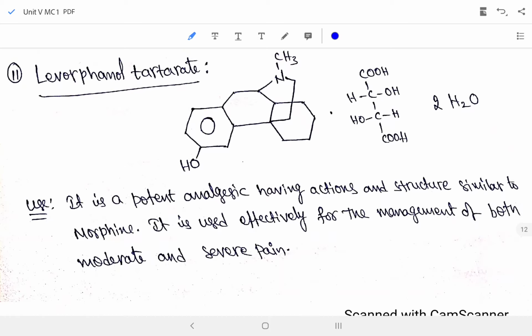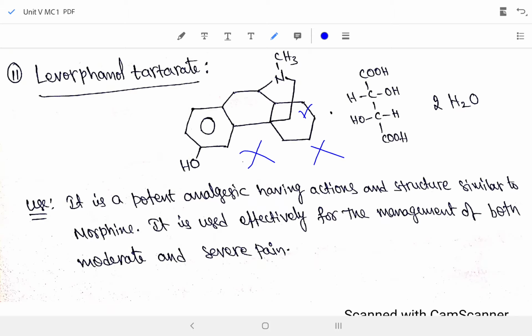Then comes levorphanol tartrate. If you observe, it is similar to morphine, but there is no ether bridge, no double bond, no hydroxyl group here. That is the deficiency from the morphine ring.